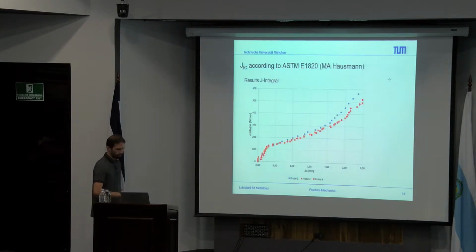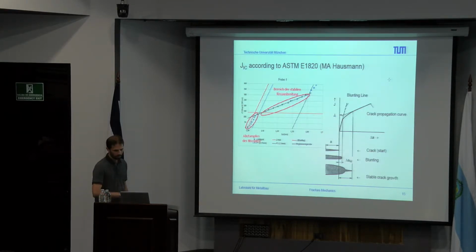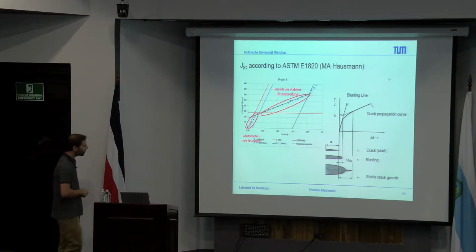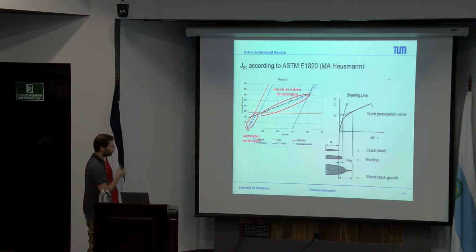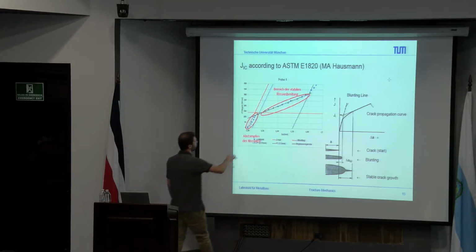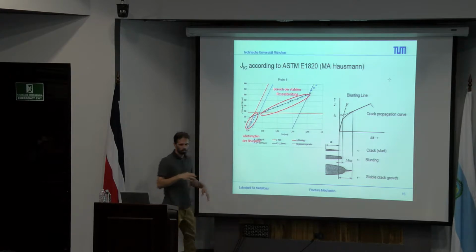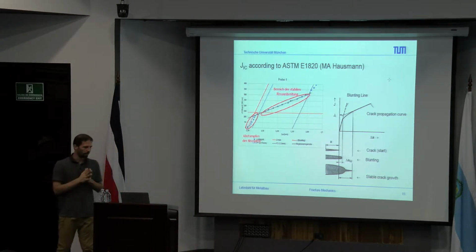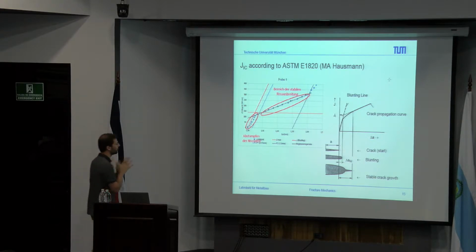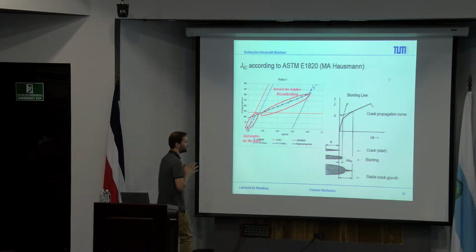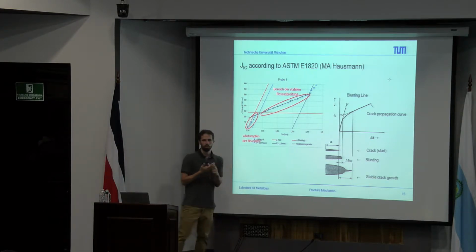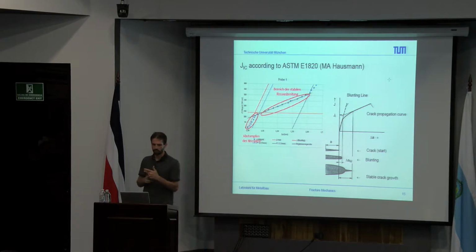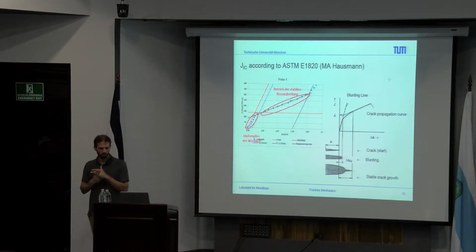So, same results. If you now go into the ASTM 1820, you are of course going to analyze, as I said already, section 1 and section 2 of the crack propagation.